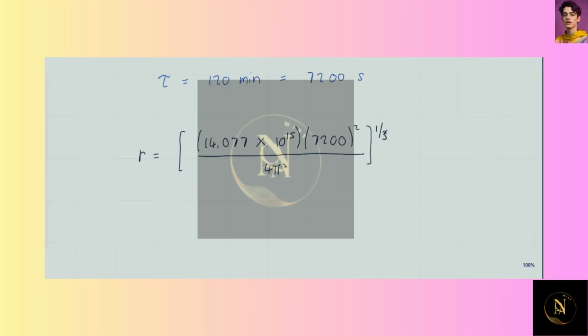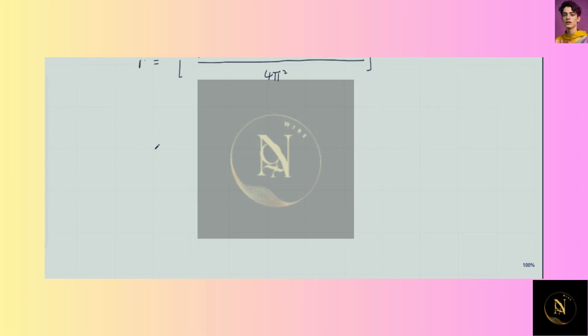It's all to the power 1/3. And so we get the value for r to be 26.441 times 10 to the 6 feet.